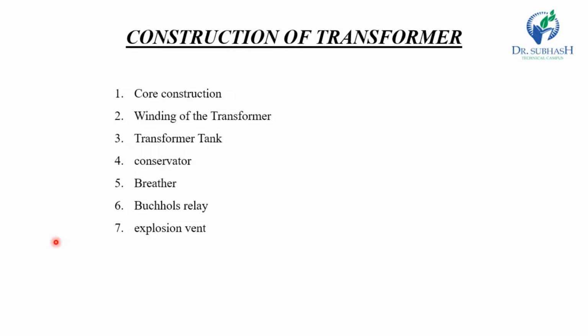Here we see the parts of transformer construction: core, winding, transformer tank, conservator, breather, Buchholz relay and explosion vent. The core of a transformer is made of silicon steel in order to provide a continuous magnetic path. Usually the core is laminated to minimize eddy current.